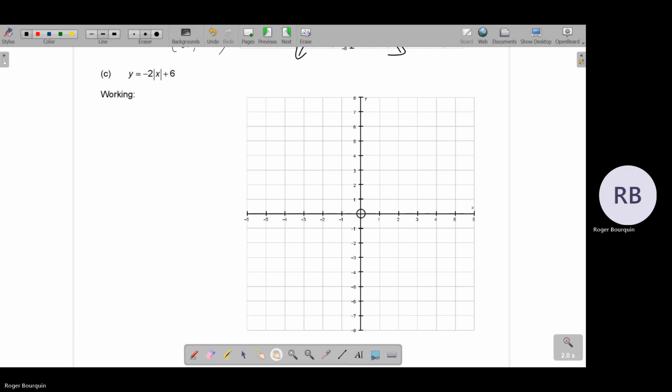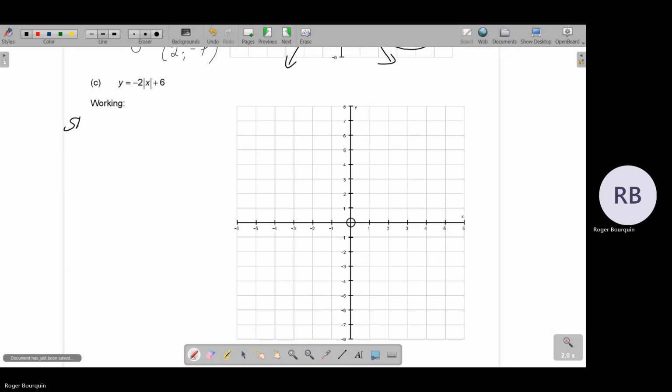Shape. Right, shape is sad, right? And the turning point is going to be 0 and 6.